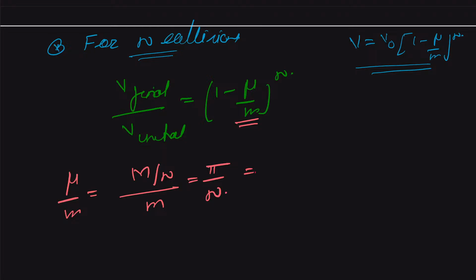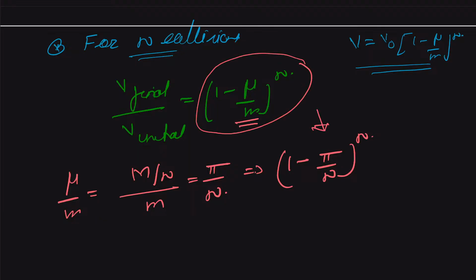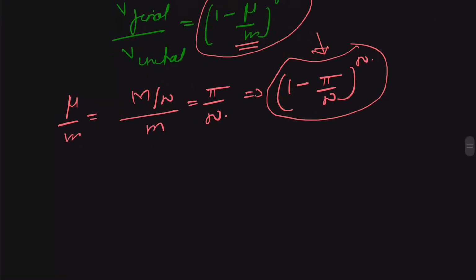Therefore we get 1 minus pi upon n whole raised to power n. So this entire term is modified into this term, and now we are going to take the limit n tends to infinity.